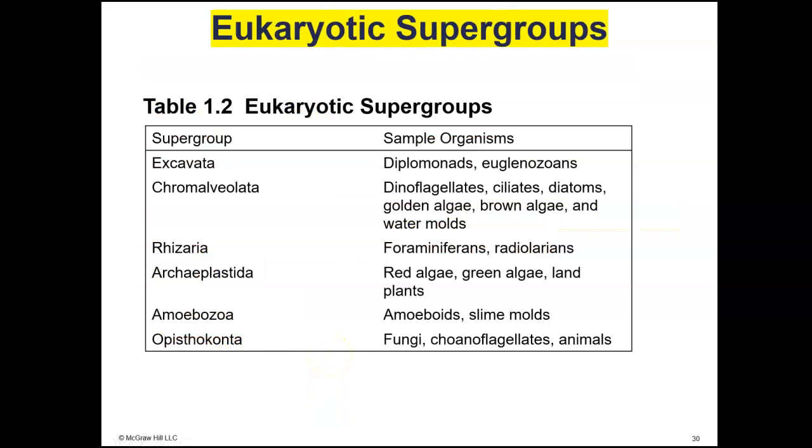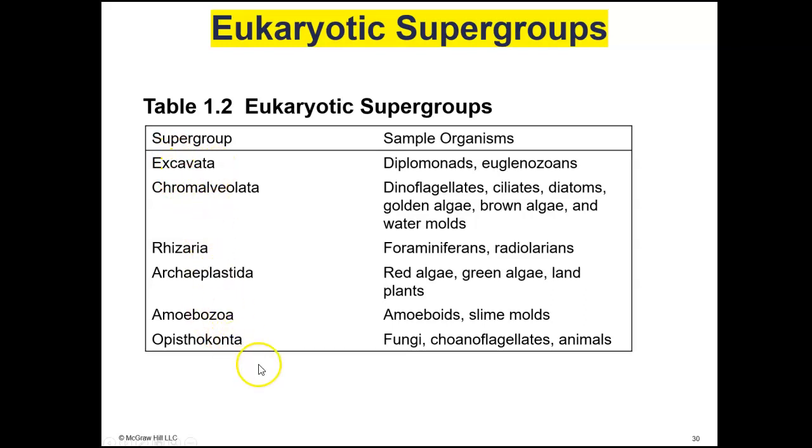You won't have to worry about learning the supergroups until you get to Bio 112, General Biology Part 2, next semester. But when we learn about the kingdom Protista, we learn them within their supergroups.